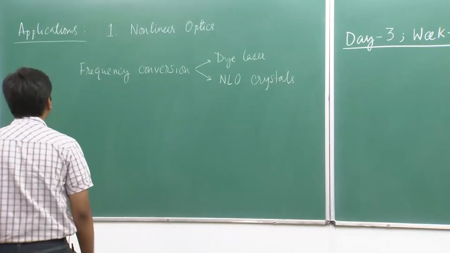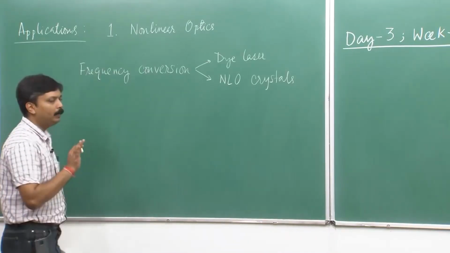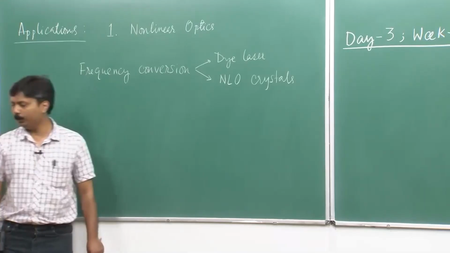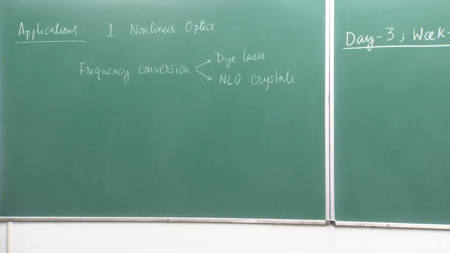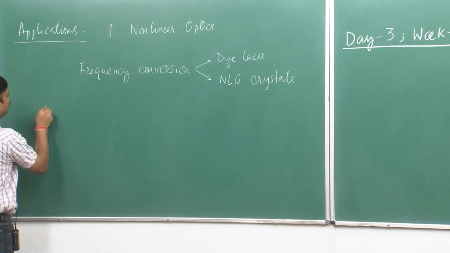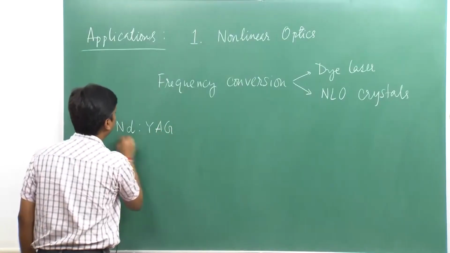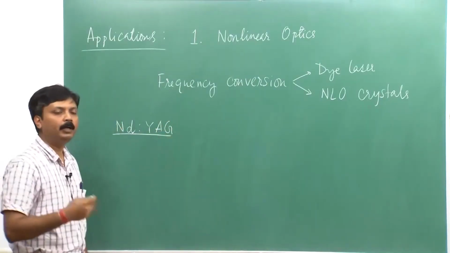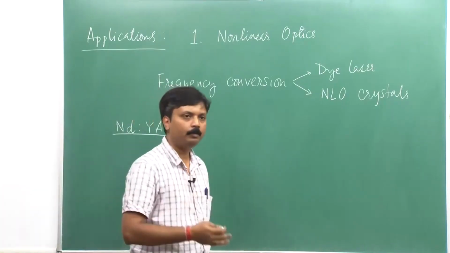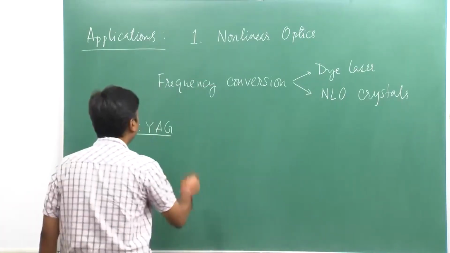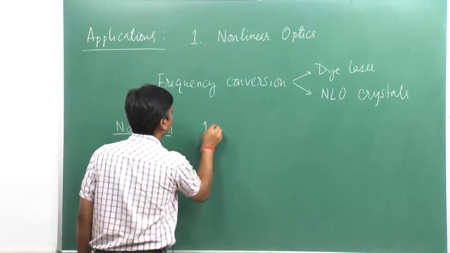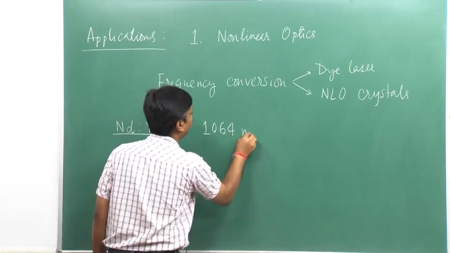Now I will give you one particular example to make it a little clearer. Suppose we have one Nd:YAG laser. The most common fundamental wavelength of the Nd:YAG laser, as we know, is 1064 nanometer.